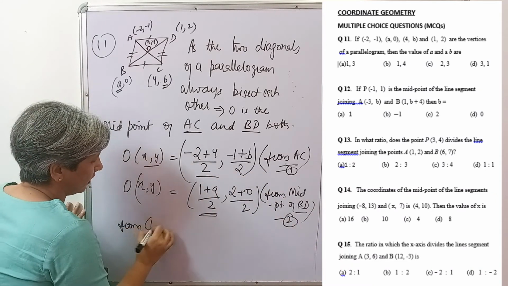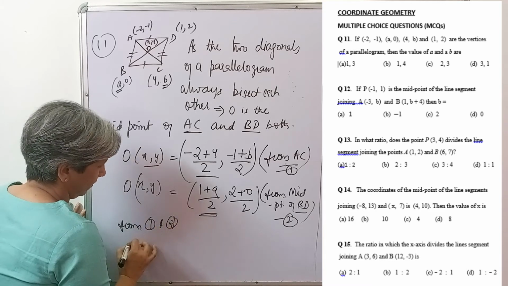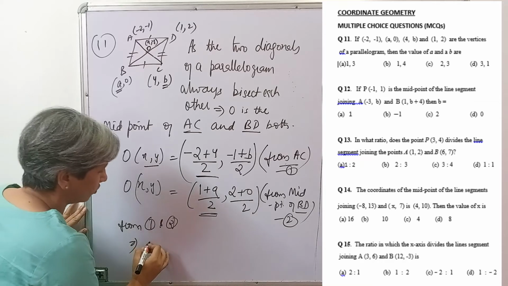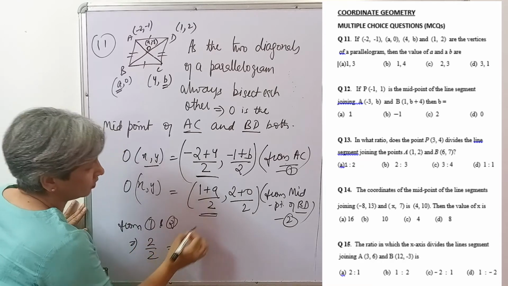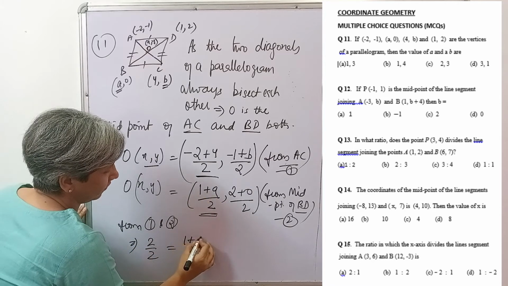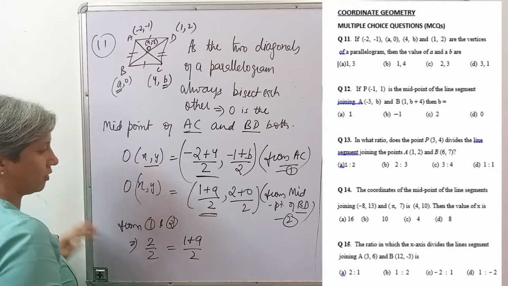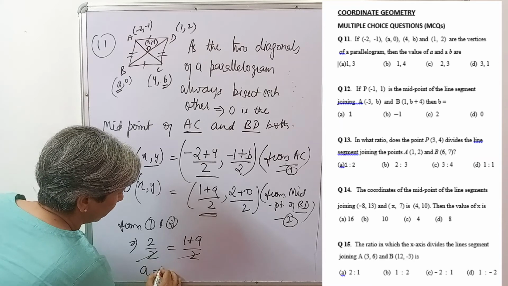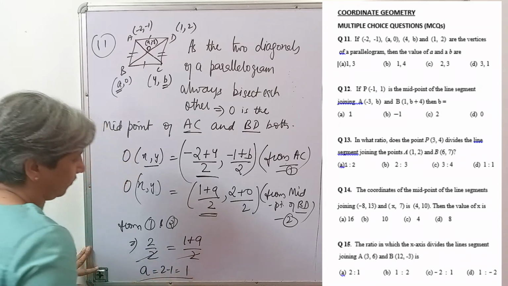So from first and second statements we can see minus 2 plus 4 is 2 upon 2. 2 upon 2 is equal to (1 plus a) upon 2, right? अब यहाँ से value निकाल लेंगे. So a will become 2 minus 1, that is 1, right?